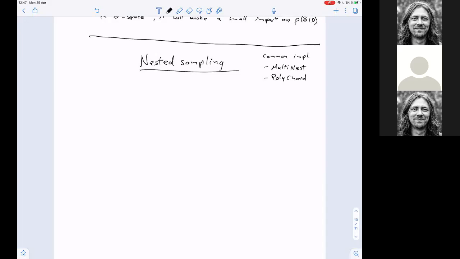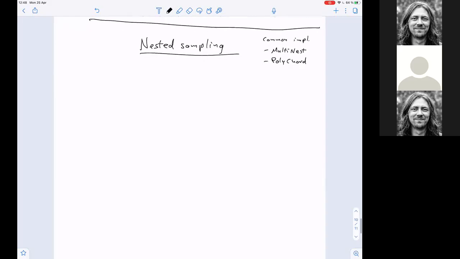Personally, I've been involved in work with both MultiNest and PolyChord, but I'm most familiar with the MultiNest code. For MultiNest, there is a Python package which I quite like, which is called PyMultiNest.